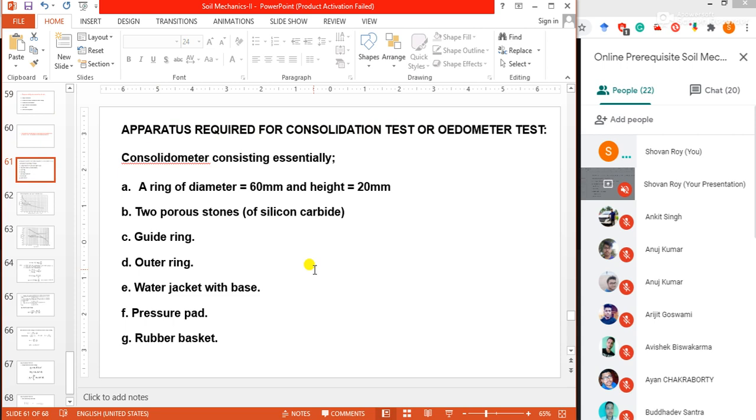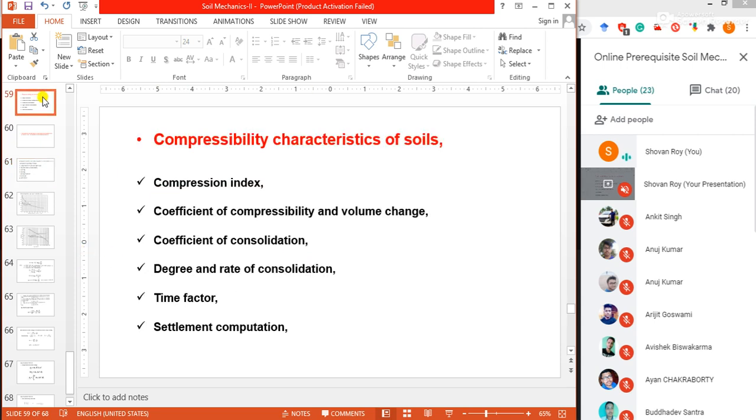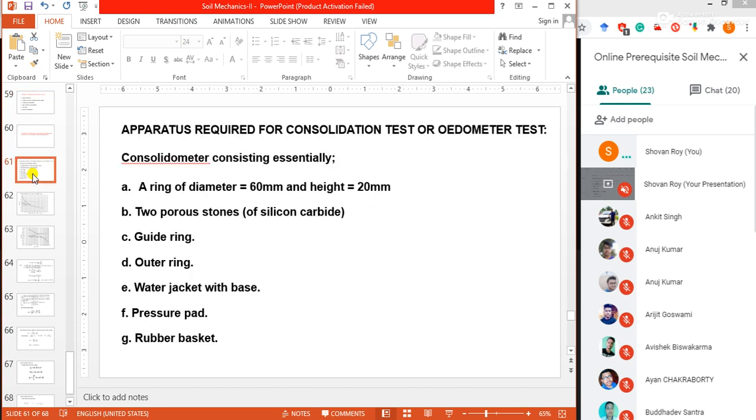To find out these characteristics, we have to go through a test first. If we have the idea of the test, we can easily understand what is compression index, what is compressibility, what is volume change. These things will become very easy for us.